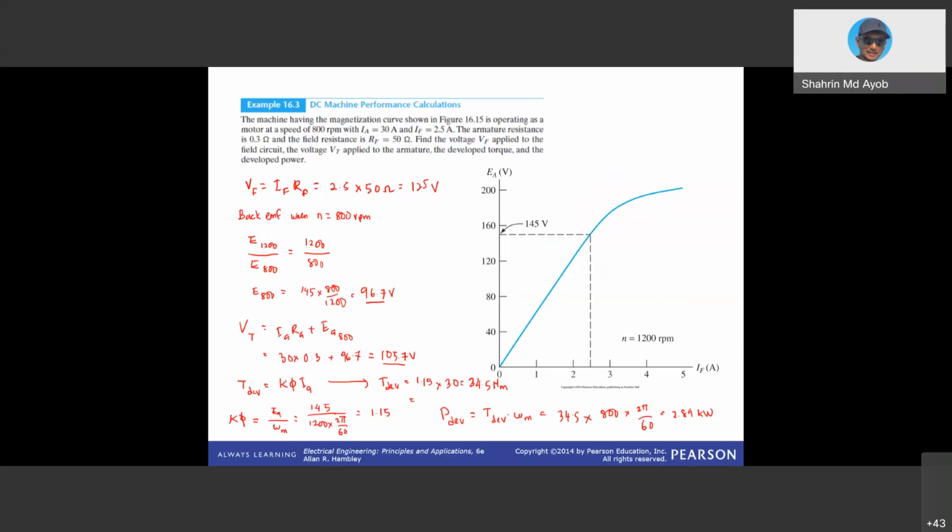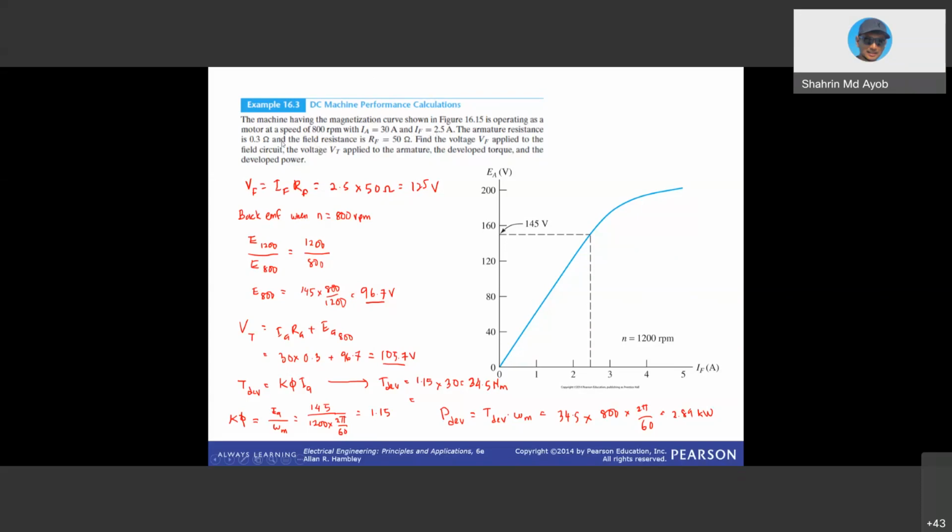Okay, so this is one example. The machine having the magnetization curve shown in figure 16.15 is operating as a motor at a speed of 800 RPM with IA equal to 30 amperes and IF of 2.5 amperes.